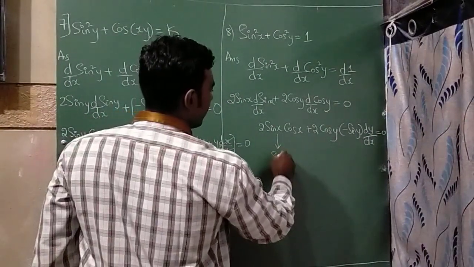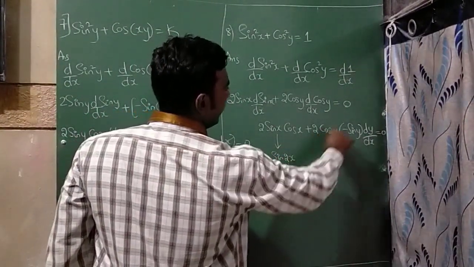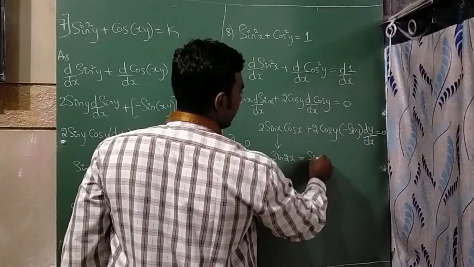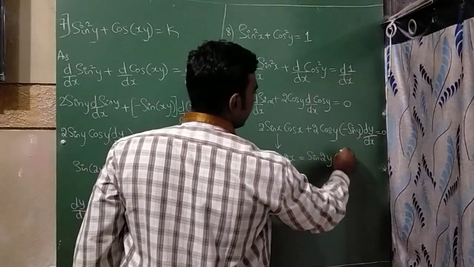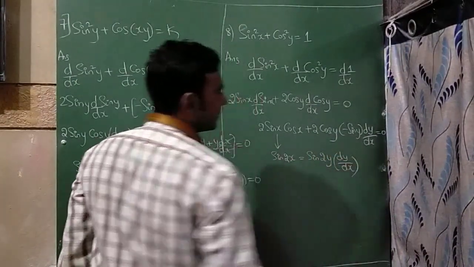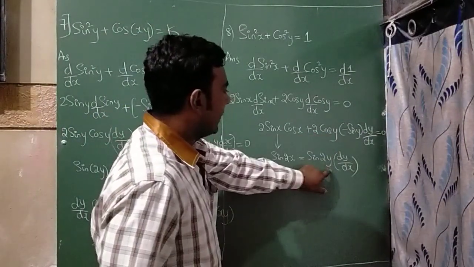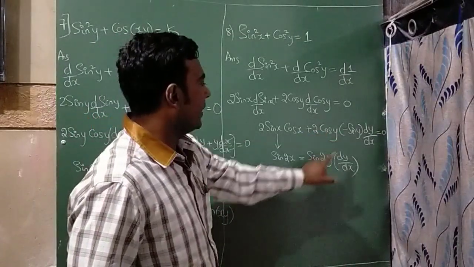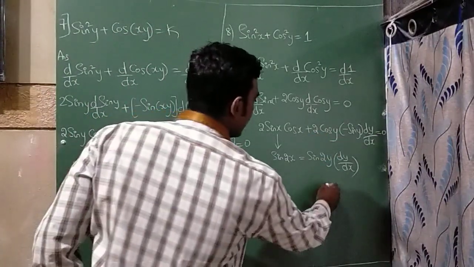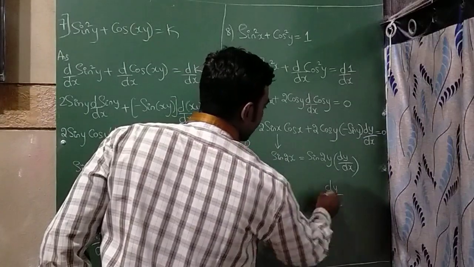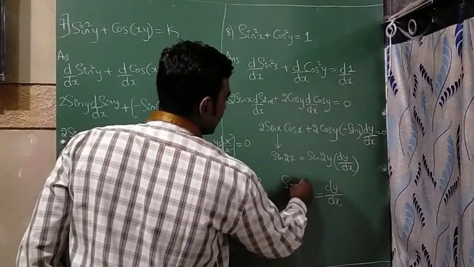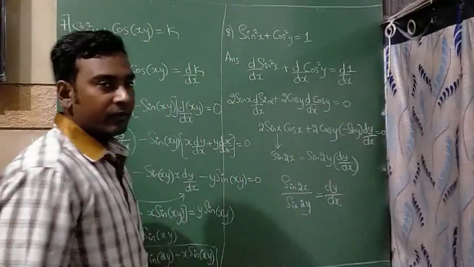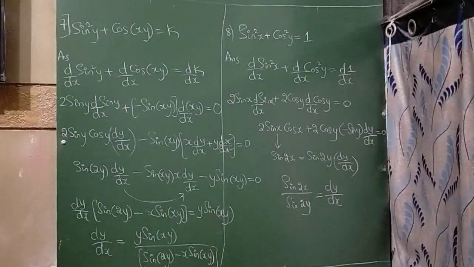Now this will become sin 2x, and if this goes on the right hand side, it will become sin 2y dy by dx. Why? Because the variable is y here, and here it is x. So this will become sin 2x and this will become sin 2y. So dy by dx is equal to sin 2x divided by sin 2y. Fine. Let us go to the question number 9.